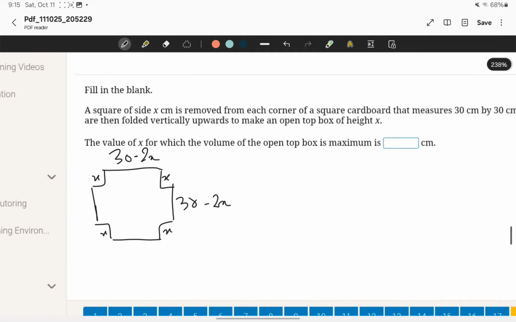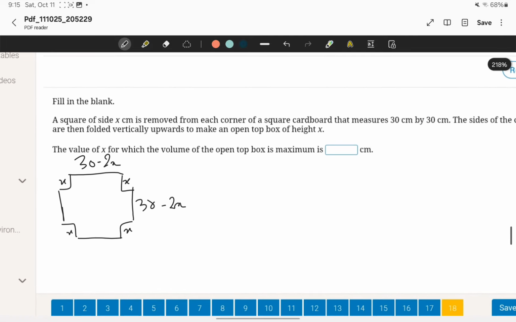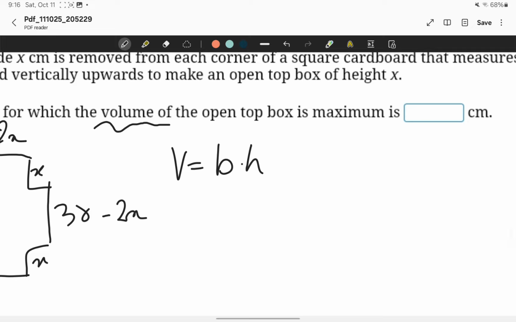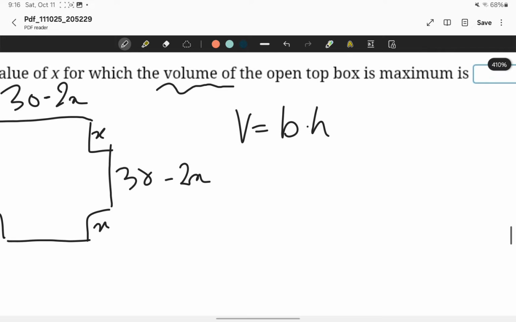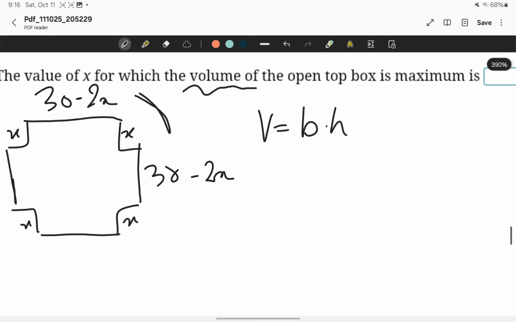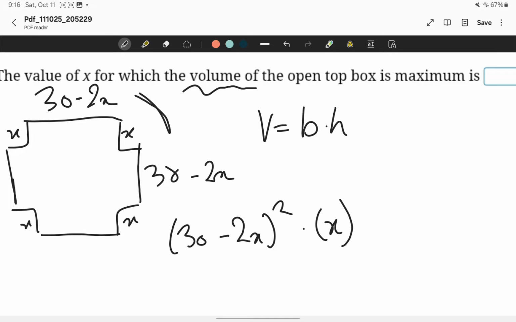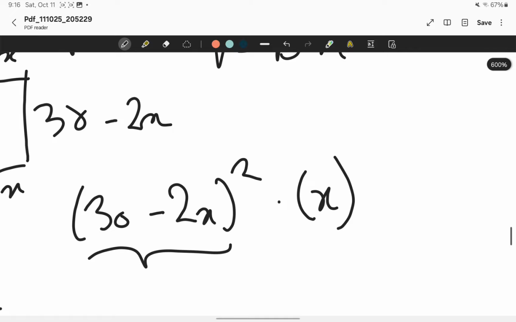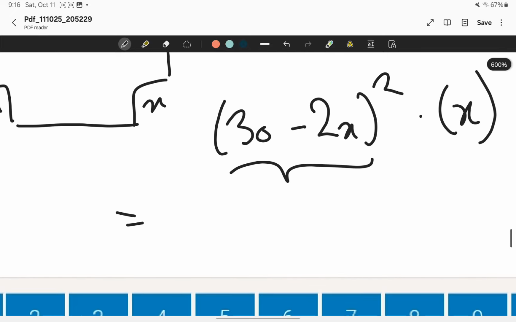They want the volume of the box. So the volume again is the base times the height. The base would be these two multiplied, so it's 30 minus 2x squared, and the height, remember we said it was x, so multiplied by x. You simplify this, it's a perfect square, a squared minus 2ab plus b squared.